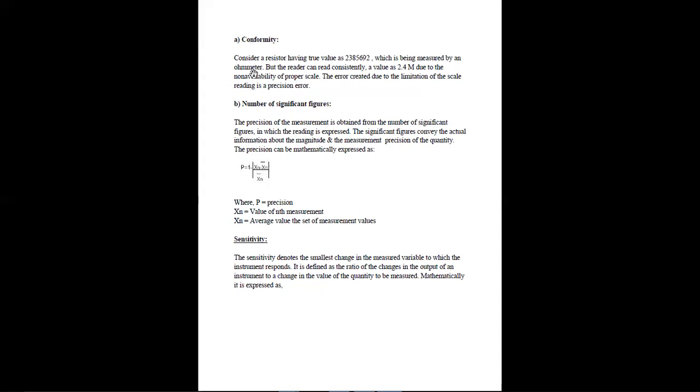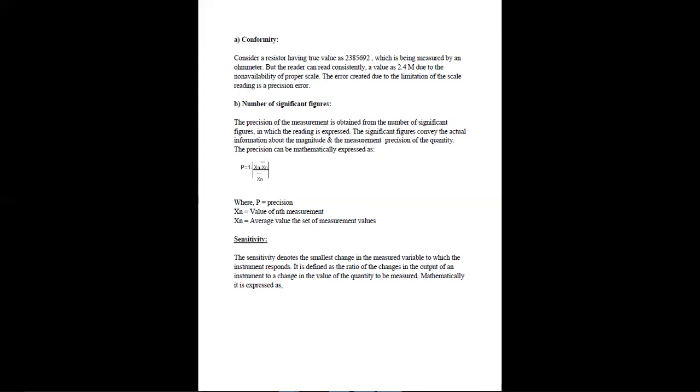First one is conformity. Consider a resistor having a value of 2385692 ohm, which is being measured by an ohm meter, but the reader can read consistently a value of 2.4 mega ohm due to the non-availability of a proper scale. The error created due to the limitation of the scale reading is a precision error.